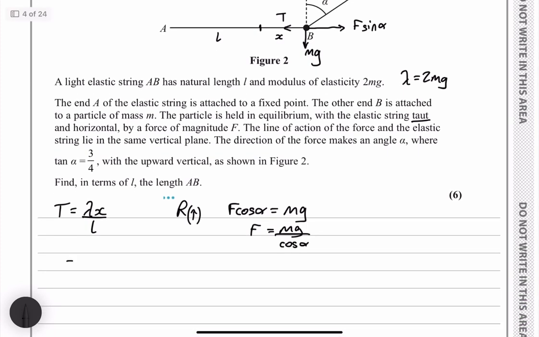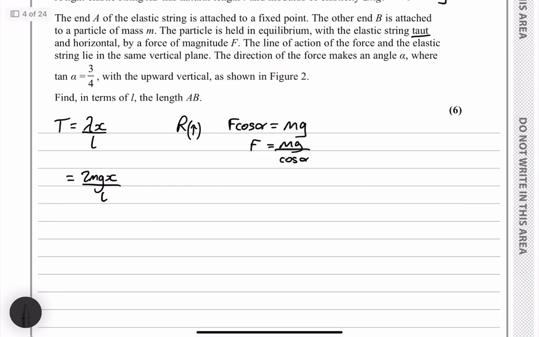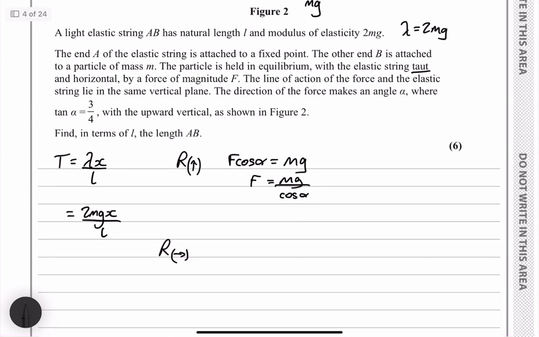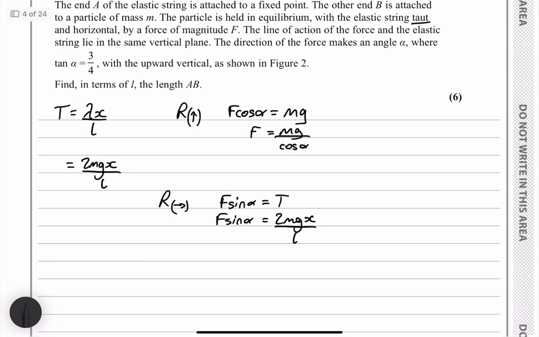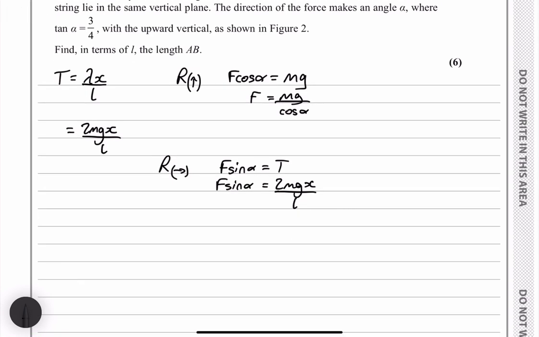We know lambda is 2mg, so now when I resolve this way, we get F sine alpha is equal to tension, and we know tension is 2mgx over L. But we also know F in terms of alpha and mg from resolving vertically, so let's change that into mg over cos alpha times sine alpha, and you can see here where our tan alpha is going to come in.